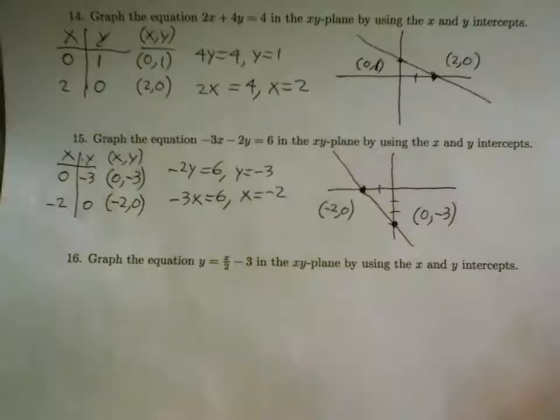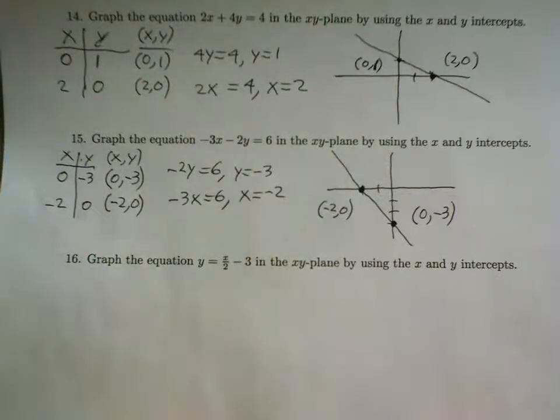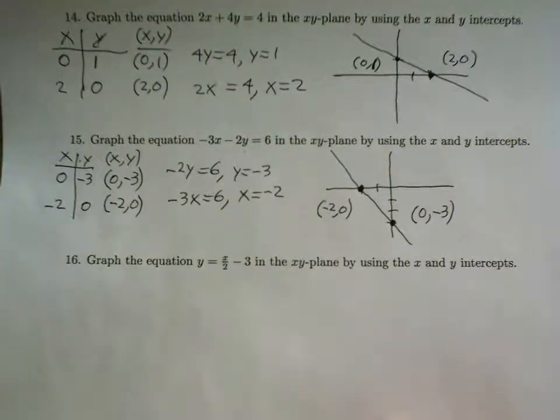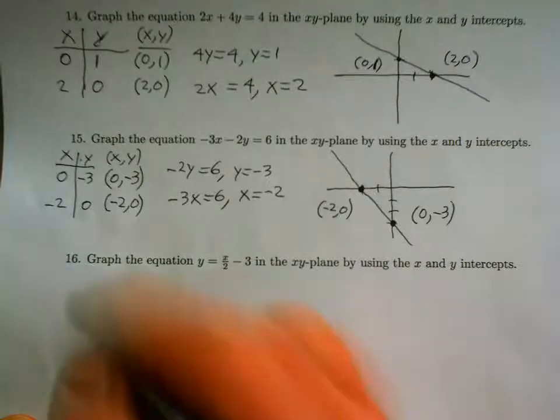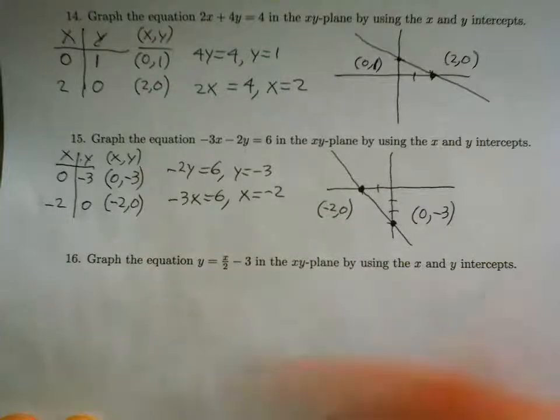And number 16, same directions. Graph the equation y equals x divided by 2 minus 3 by using the x and y intercepts.